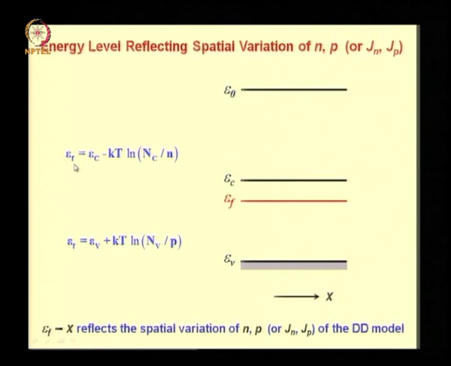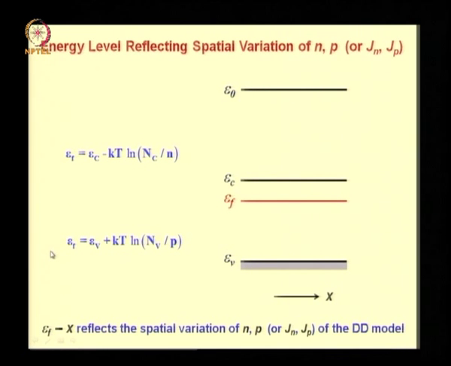Now these are the relations for Fermi level in terms of the electron and hole concentrations. So in terms of electron concentration, EF is equal to EC minus KT ln NC by N, where NC is called the effective density of states in the conduction band.